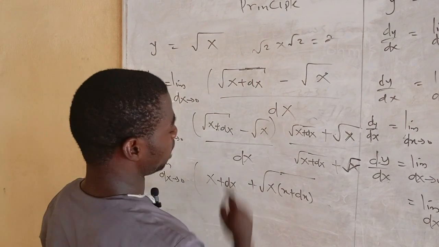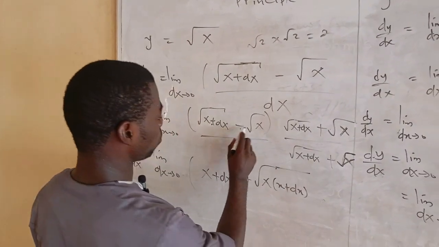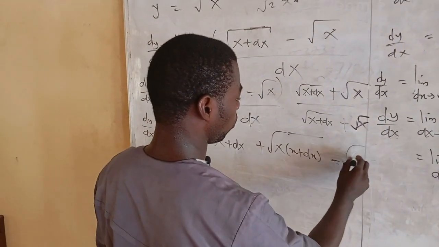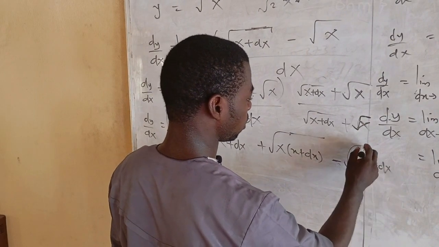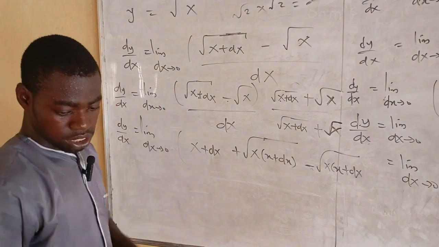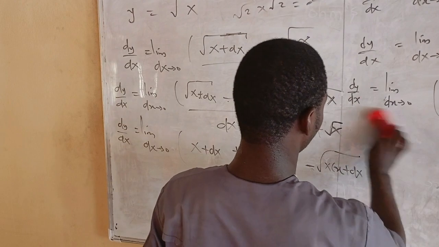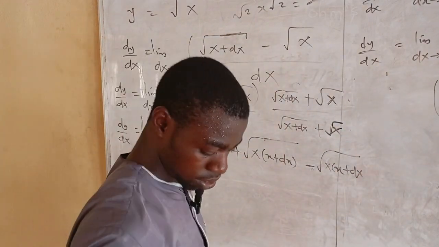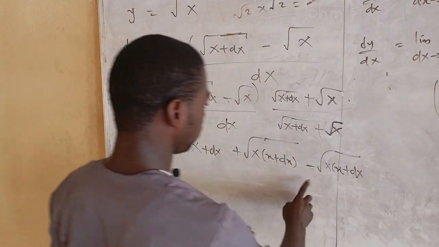Again we have this multiplied by this, minus root x into root of x plus dx.